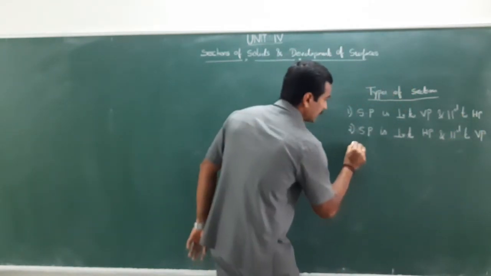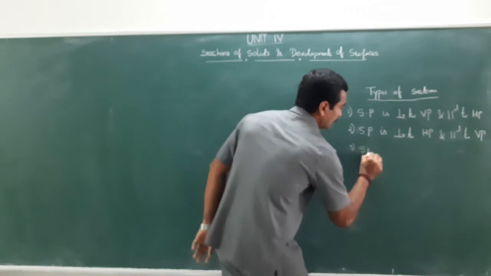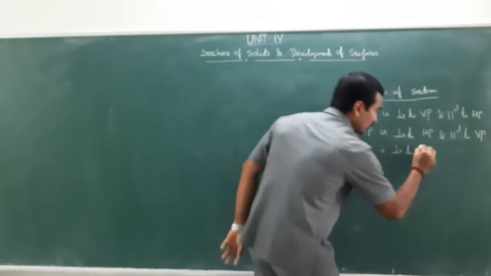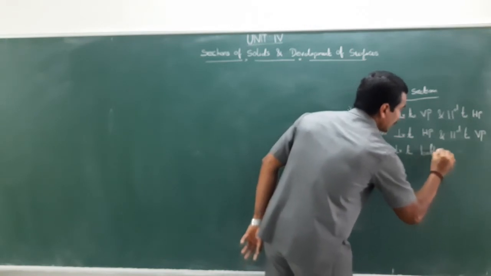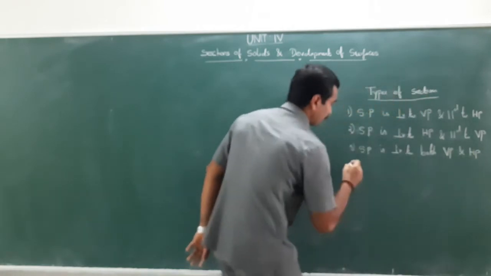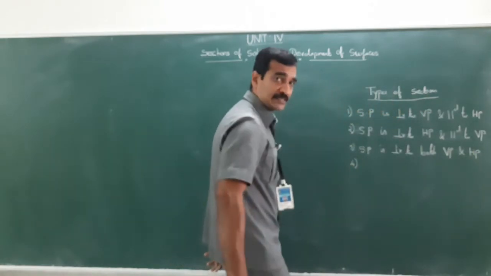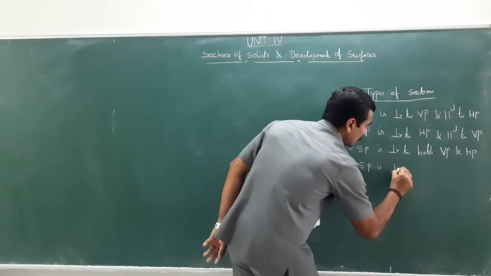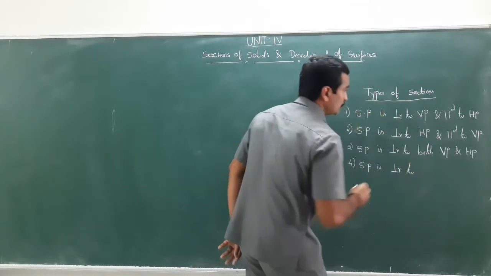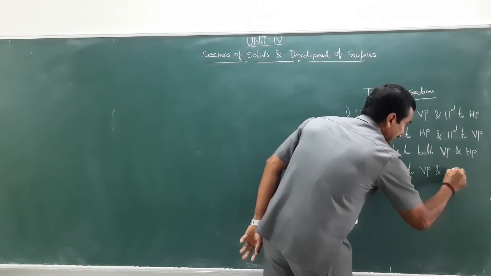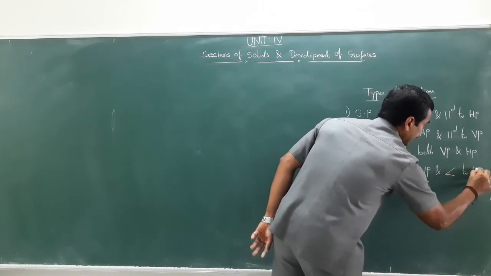The third section plane is perpendicular to both VP and HP. And the fourth type is the section plane or cutting plane perpendicular to VP and inclined to HP.